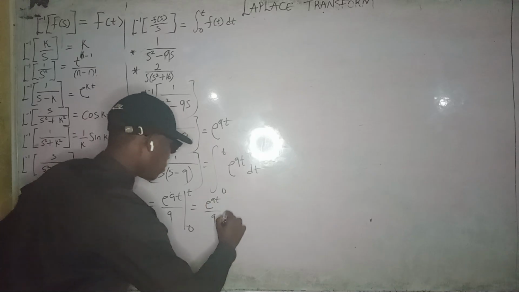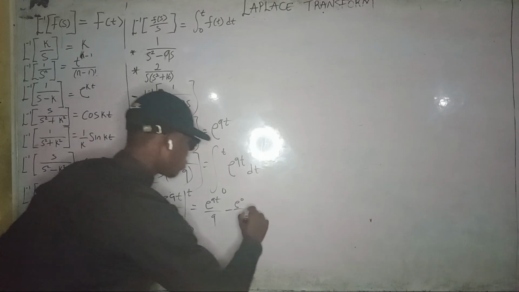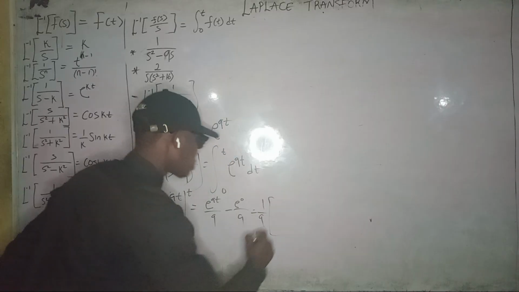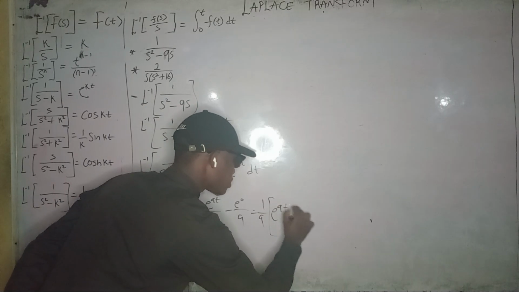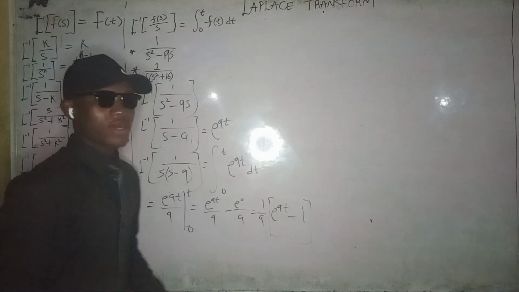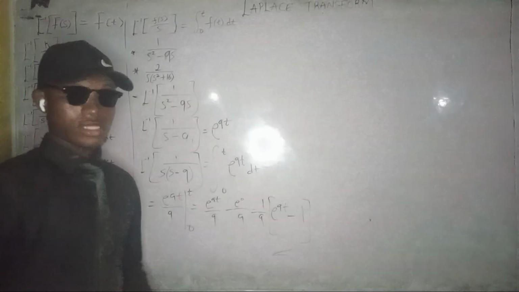Then we have minus e raised to power 0 over 9, which is going to give us 1 over 9 in big brackets e raised to power 9t minus 1, because e raised to power 0 is going to give us 1, and this is going to be our final answer for that.